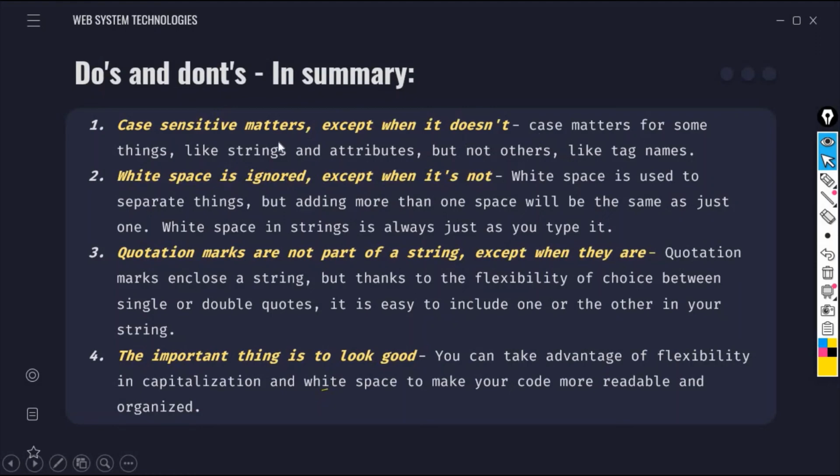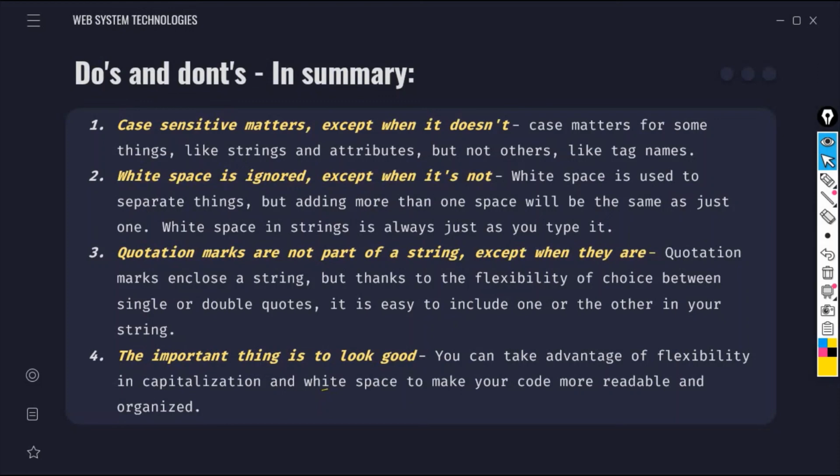Case matters for some things like strings and attributes, but not others like tag names. And then white space is ignored except when it's not. White space is used to separate things, but adding more than one space will be the same as just one. White space in strings is always just as you type it.